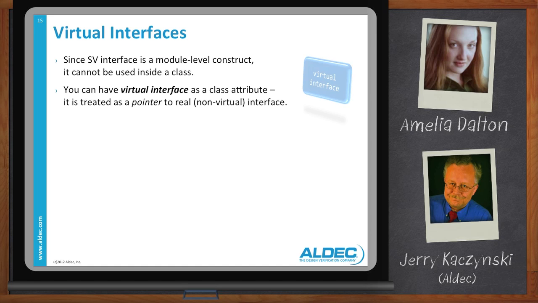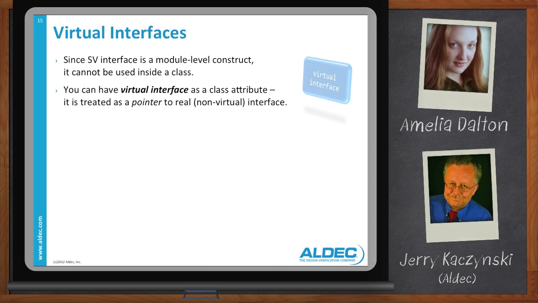Class attribute is just something that sits inside the class. And if you have virtual, not plain interface placed inside any class, it is treated as a pointer to real non-virtual interface.